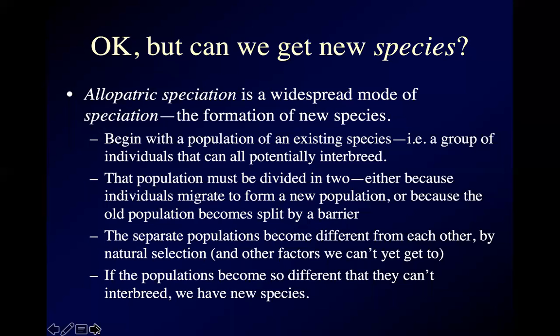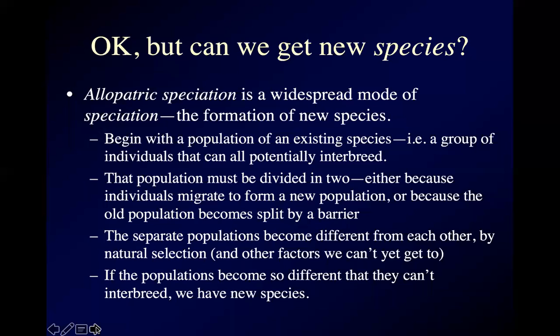The other possibility is that some of the individuals from your founding population end up migrating across a barrier that they don't usually cross and form a new population. This is probably what's happened in the Galapagos Islands, where you have species from the South American mainland that don't normally cross open water. But a few of them made it to the Galapagos Islands and settled there and founded a new population.